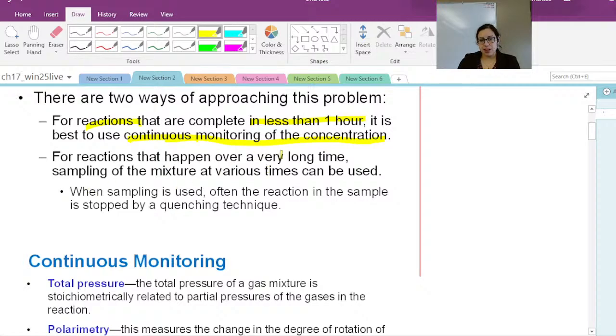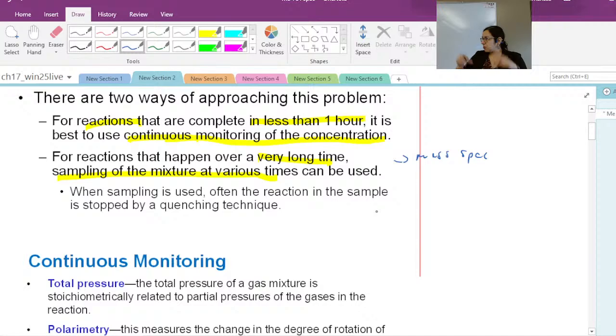So for samples that can happen over a very long period of time, potentially days, then you might have to sample it at various times. And again, it really depends on the technique too. Mass spec is usually one of those where you have to take out a sample.